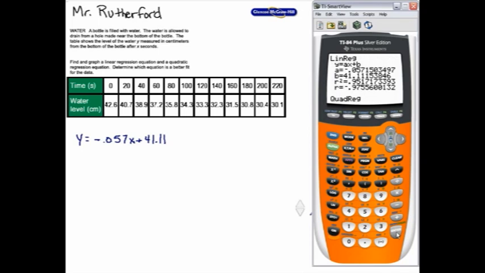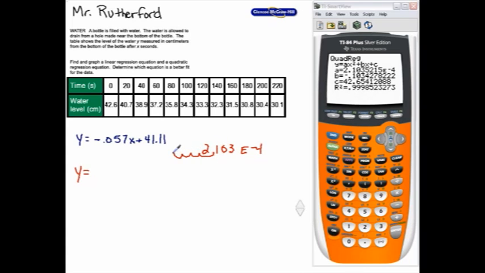So I'll hit enter, and then enter again, and so this gives me y equals, and we have an a, which is 2.103, so on, and it says e to the negative 4. What this means is I need to move the decimal over 4 spots to the left. So I have 0.0002103, and we can round that.